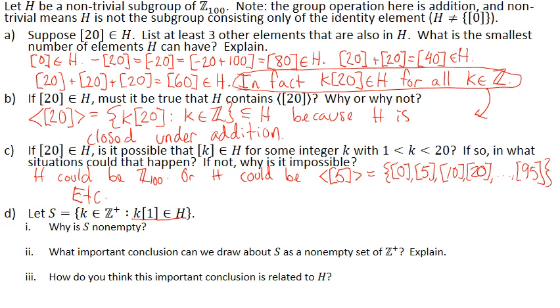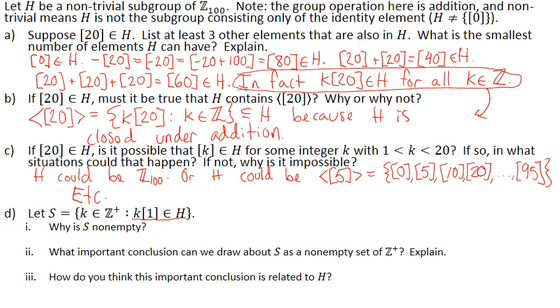So why is S non-empty? So we're not supposing here anymore that [20] is necessarily in H. That was something that was given specifically in parts A, B, and C, but not throughout the whole activity. So how do we know that S is non-empty? Is there anything else we know about H that could tell us that?